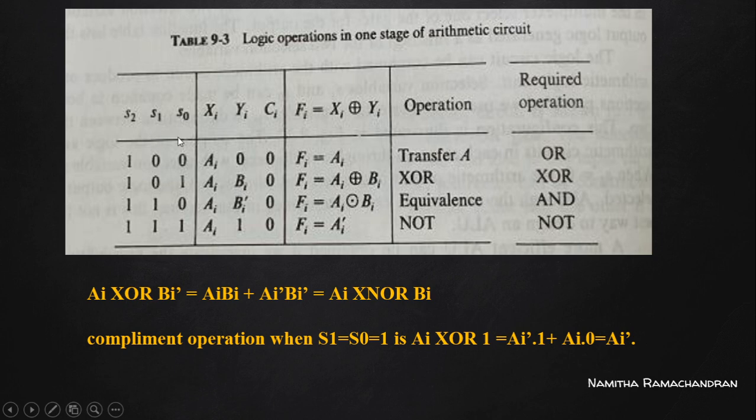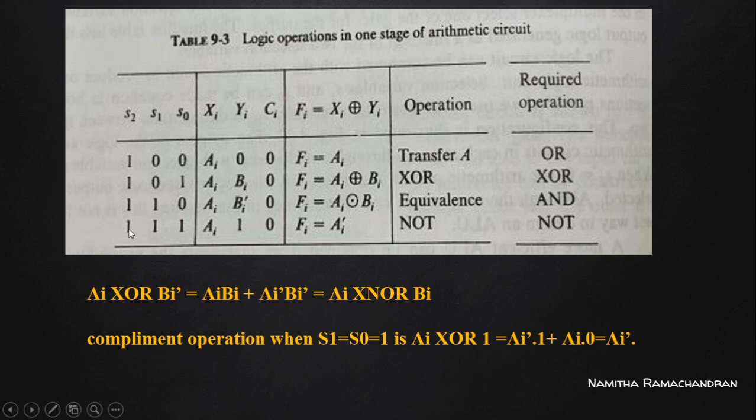With S1 equal to 0 and S0 equal to 1, with Xi equal to Ai and Yi equal to Bi, suppose S2 equals 0, then our arithmetic circuit performs the full adder operation, that is the XOR operation. Now when S2 equals 1, it performs the same XOR operation, and the expected logical operation is also the same XOR operation.